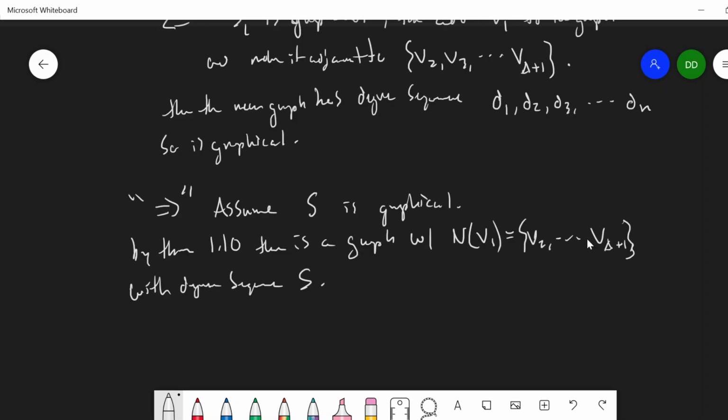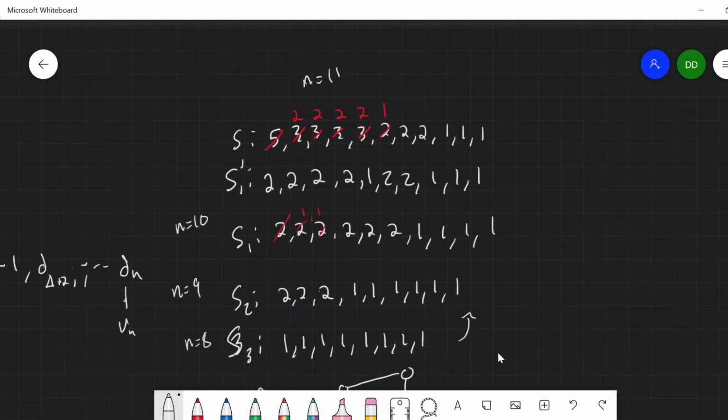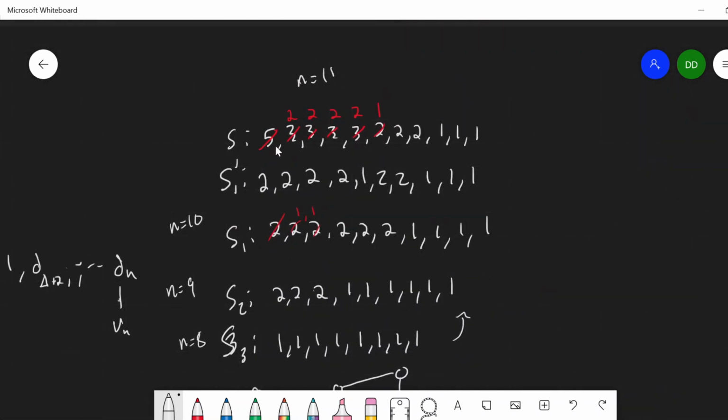And so what you do here is you just consider removing V1 from the graph. Then G minus V1 has degree sequence. So we took away the first vertex. We took away the highest degree vertex, and since the neighborhood of V1 is adjacent to the next highest degrees, we can just remove 1 from each of those.